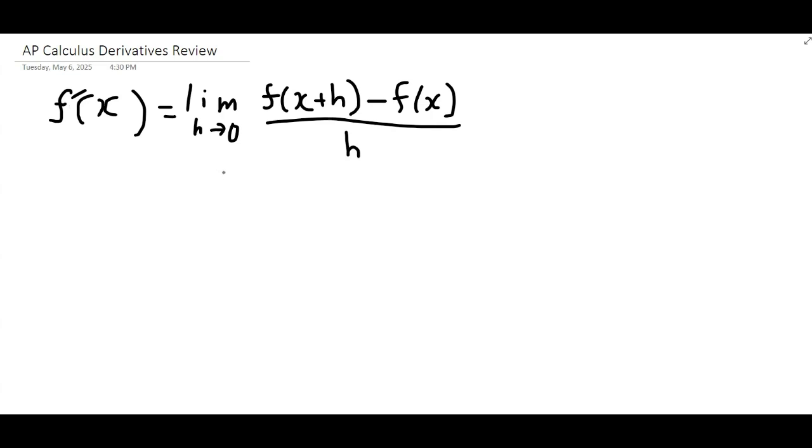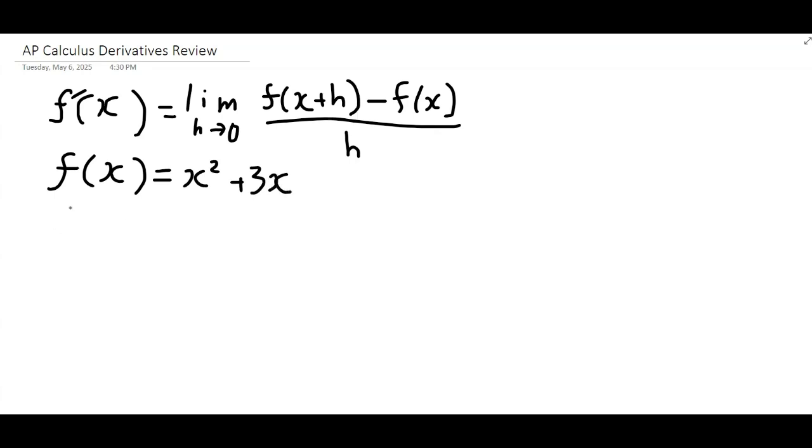So let's go ahead and try solving an example. By using this theorem over here, let's find f prime of x for the function x squared plus 3x.